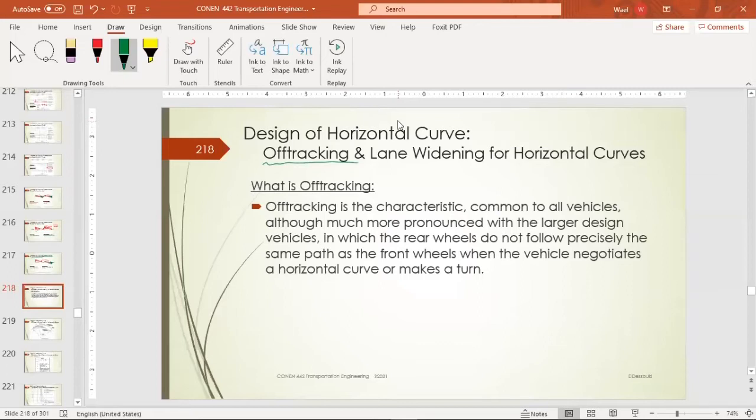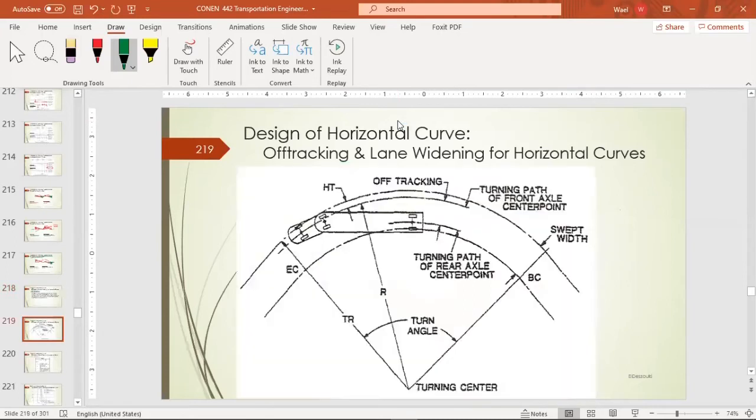Off-tracking is basically a characteristic common to all vehicles, although much more pronounced with large design vehicles. Usually for trucks, you can feel it.